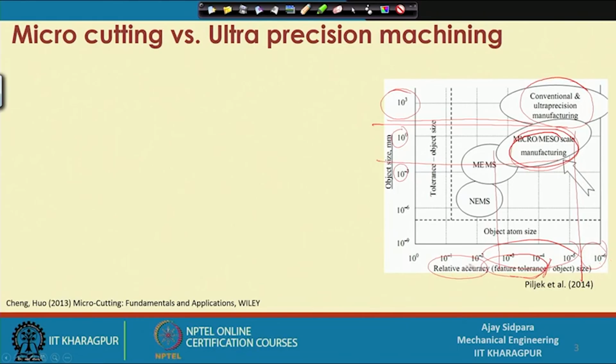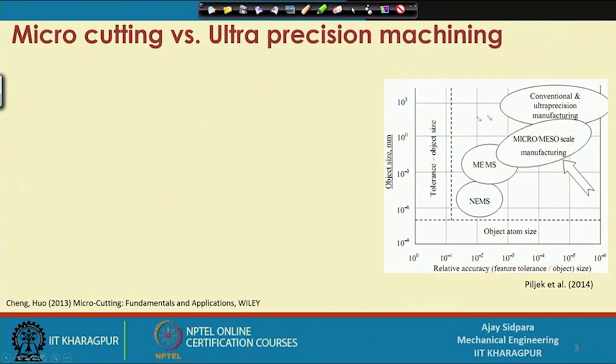Low means high accuracy, because the smaller the value, the higher the accuracy. Our part size is very big here, in the meter scale, and the tolerance we are making is in the nanometer or angstrom scale. That is why you get a very high relative accuracy compared to the conventional machining process. Let us see how these two processes are different.